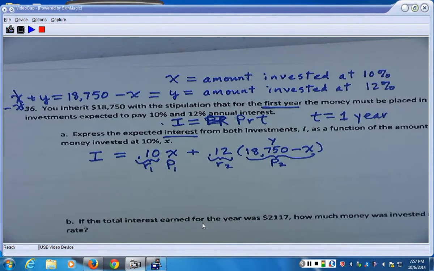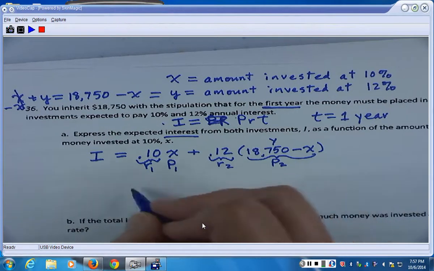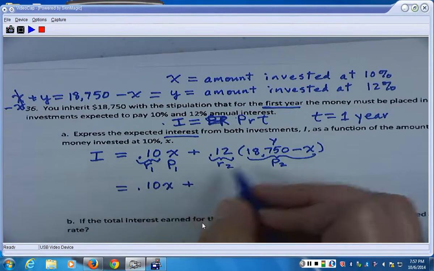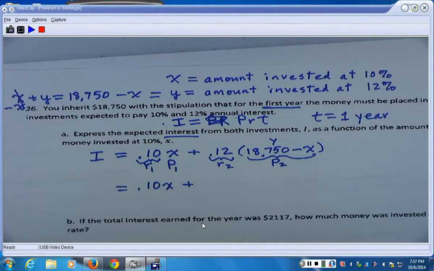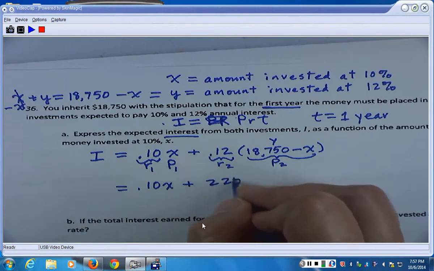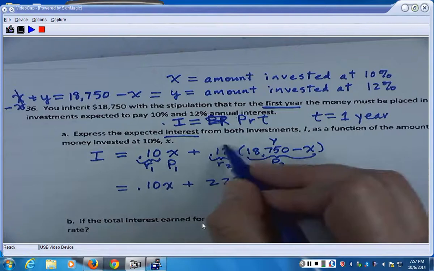Okay, and then we're going to distribute: 0.10x plus 0.12 times 18,750. If you do that on the calculator, you get 2250 minus 0.12x, and distribute.